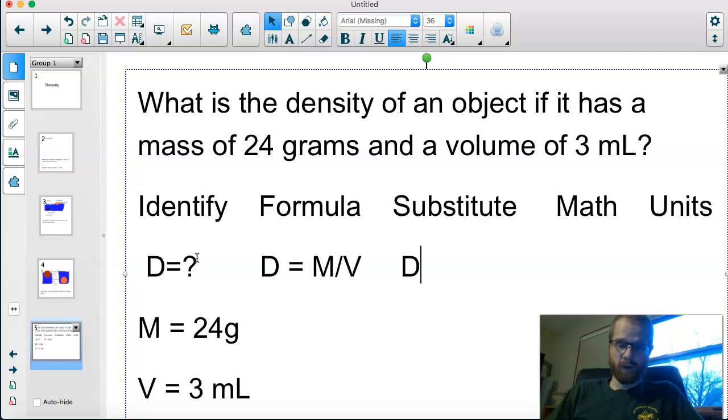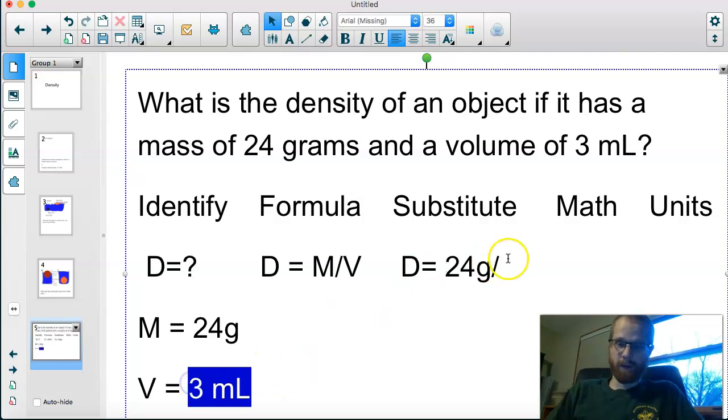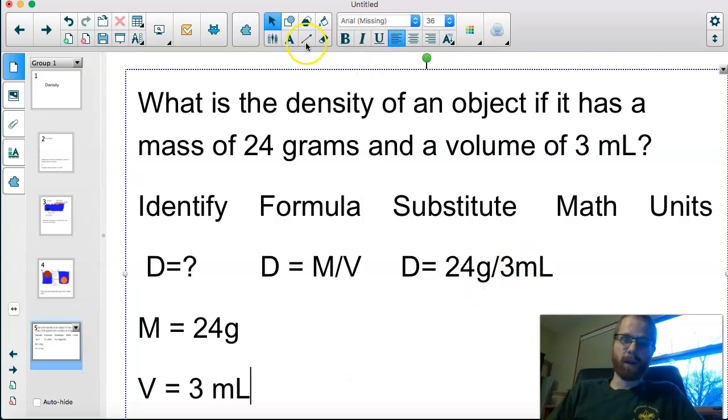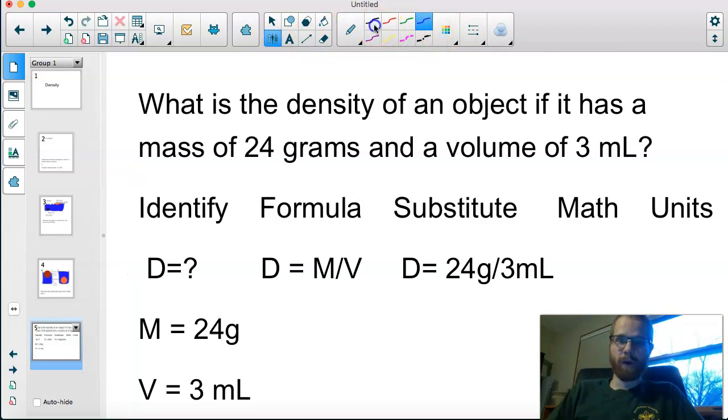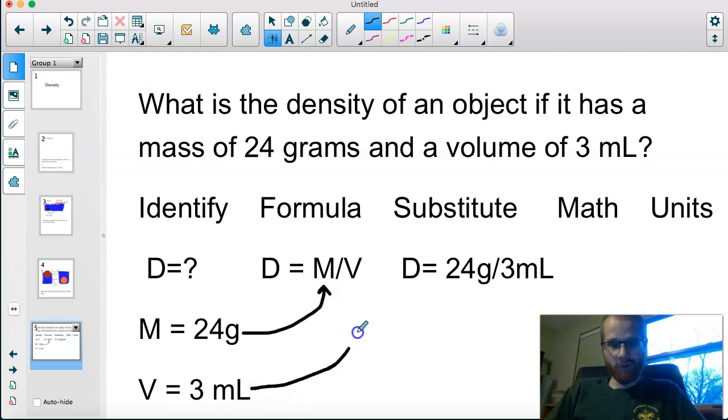It should look like D equals the mass, which is 24 grams, divided by the volume, which is 3 milliliters. All I did was I substituted what I knew into the problem. I took my 24 grams and I substituted it in for M. And I took 3 milliliters and I substituted it in for volume.